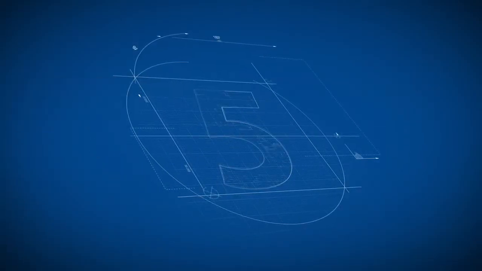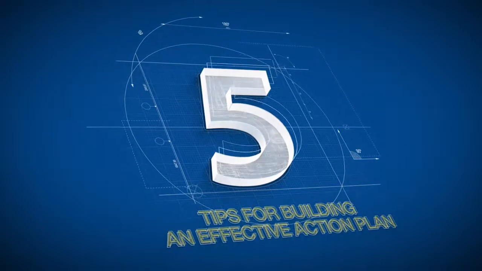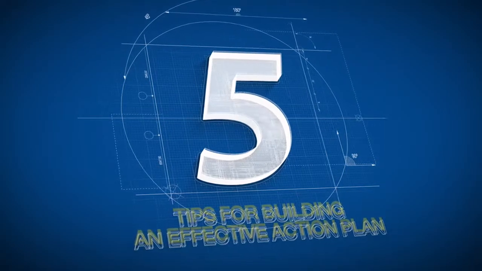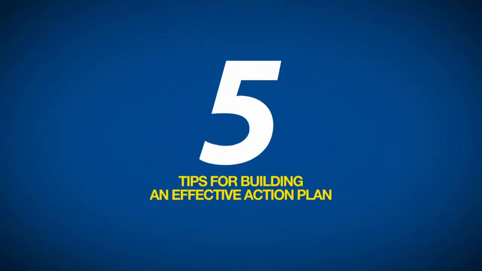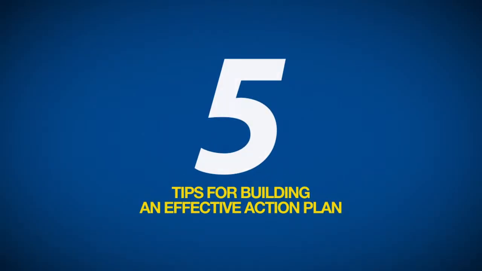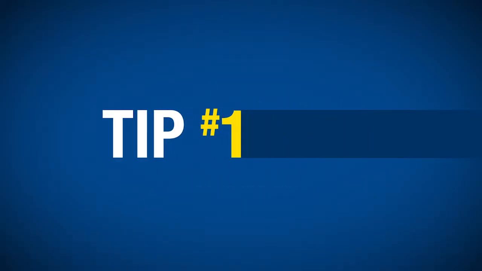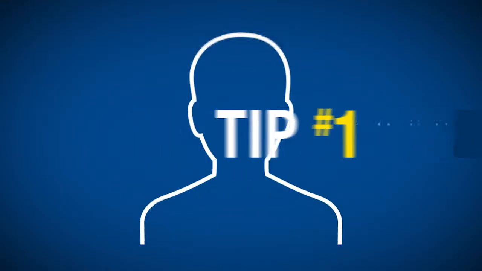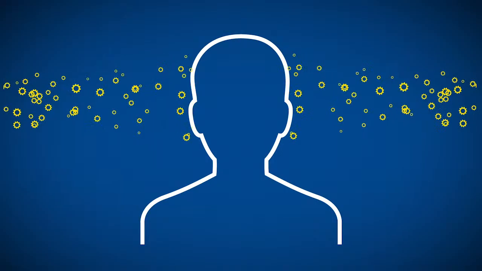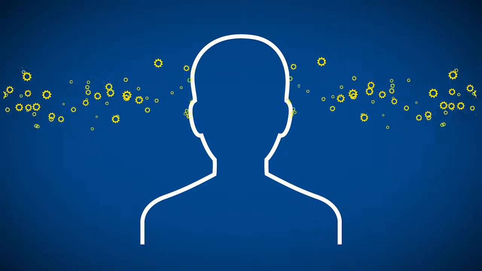We've put together 5 tips for building an effective action plan to help everyone understand how the top trends and key themes from survey feedback translate into action at Goodyear. Tip number 1. An action plan should address 1 or 2 key focus areas. An action plan should not try to address every business challenge at once.